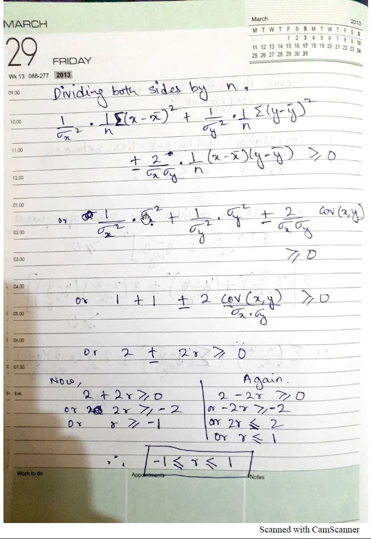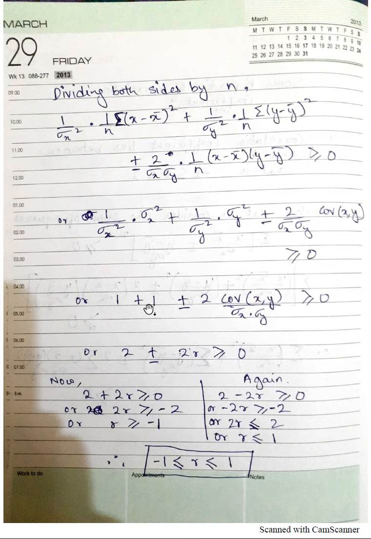We cancel these, 1 plus 1, and we write the plus minus from here: 2 into covariance of x and y divided by sigma x sigma y is greater than or equal to 0. Now we know covariance of x and y divided by sigma x and sigma y is the correlation between two variables, that is the correlation between x and y.